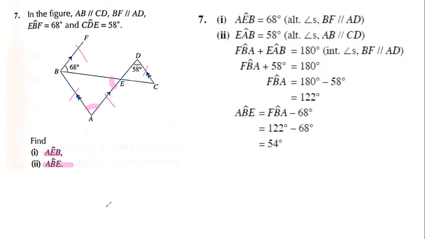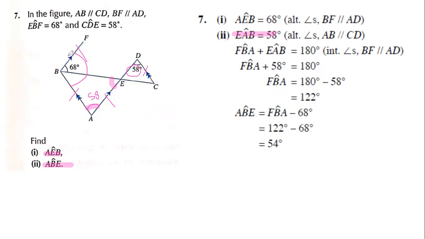So we can say that this 58 is an alternate angle here. So this becomes 58 as well. So 180 minus 58 gives you this angle, which is done here. You can clearly see that this 58 is the angle here.